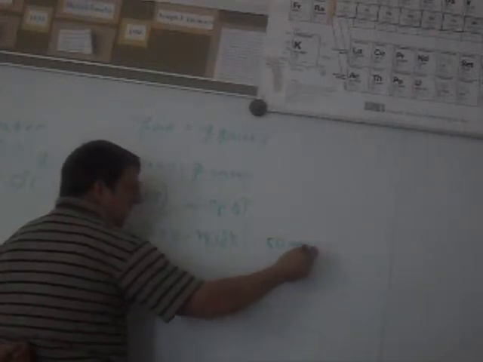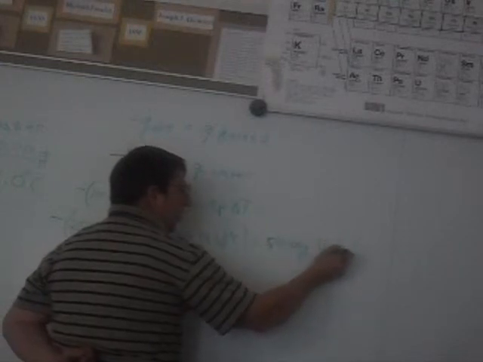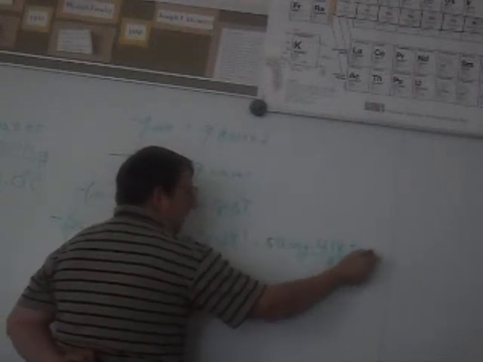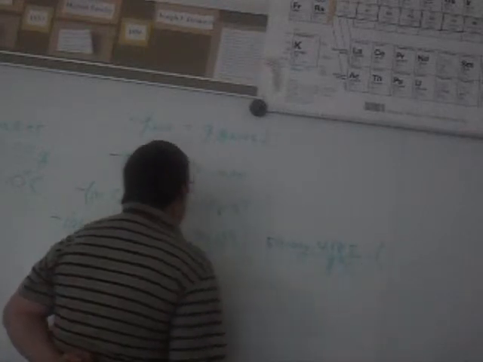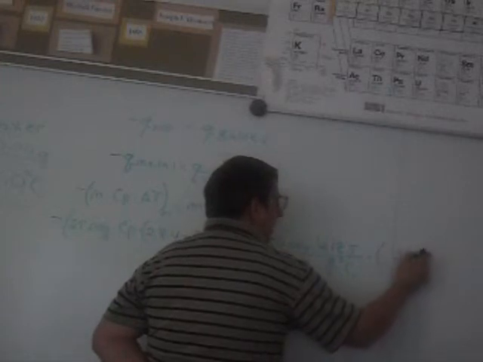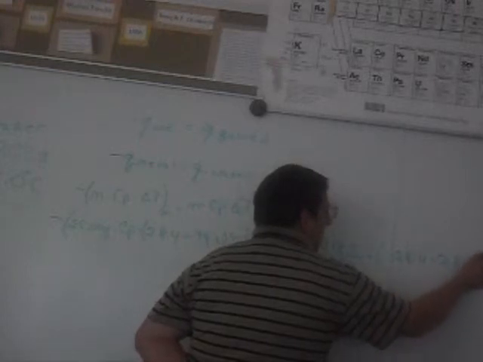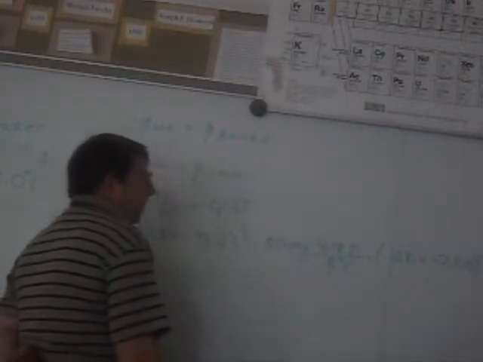The specific heat capacity of water is 4.18 joules per gram degree Celsius, and the change in temperature of the water will be 28.4 minus 25 degrees Celsius. All we should have to do now is solve the equation for C sub P.